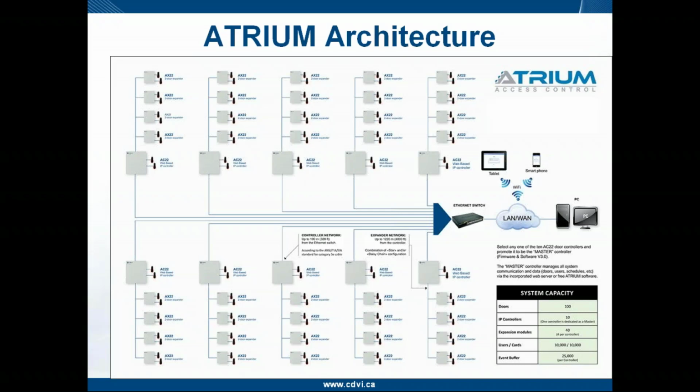So in a nutshell, try and keep the master controller as light an application as possible. Don't give it too much additional work because you're already asking it to do a lot of work. So put the master controller on doors that are not too busy in the building. If possible, on the master controller, do not add door expanders.